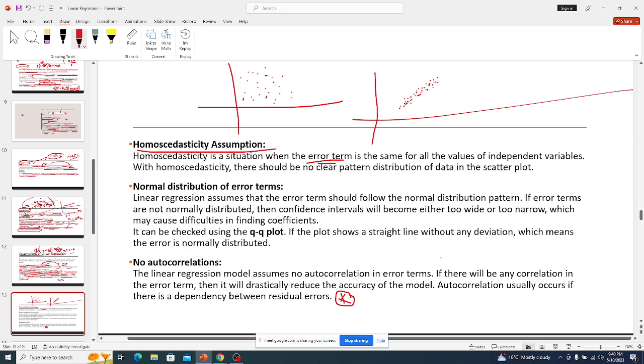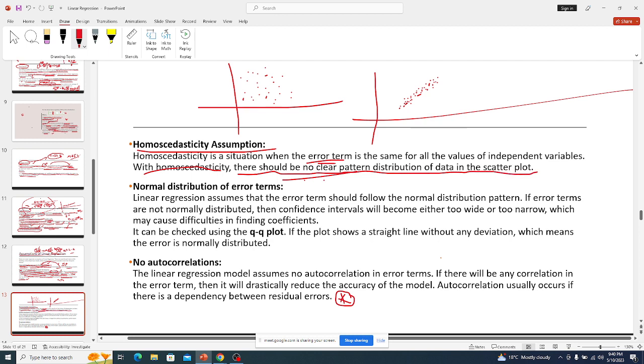Okay, and for homoscedasticity, we are saying that there should not be what? Clear. That's the point I was searching for. So with homoscedasticity, there should be no clear pattern distribution of the data in the what? In the scatter plot.